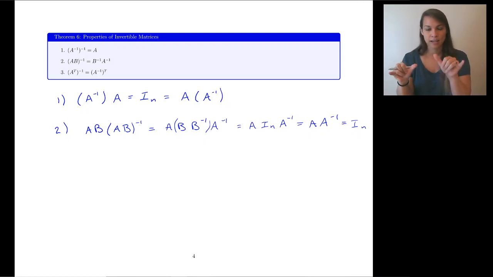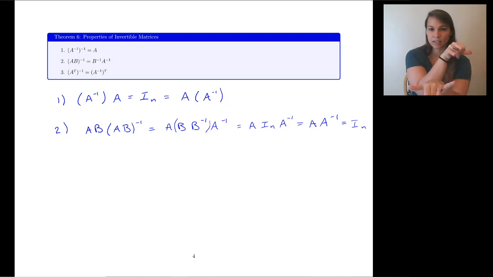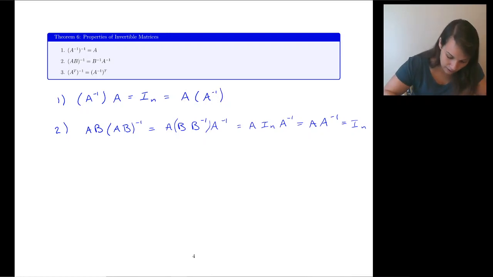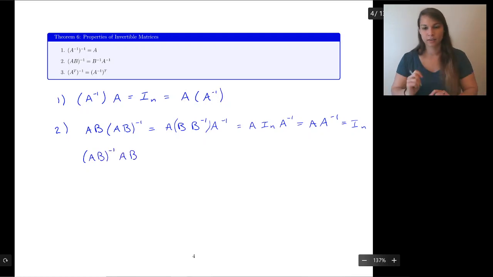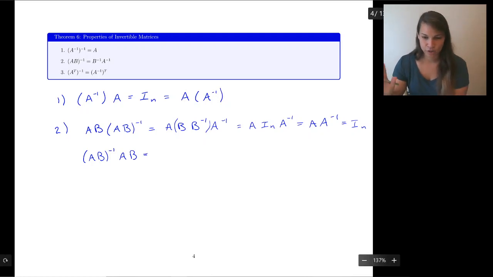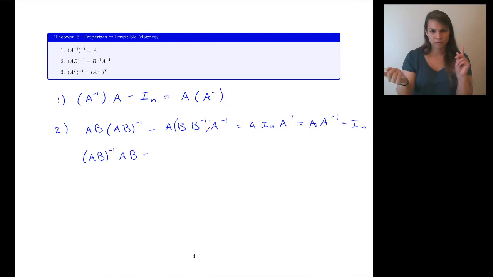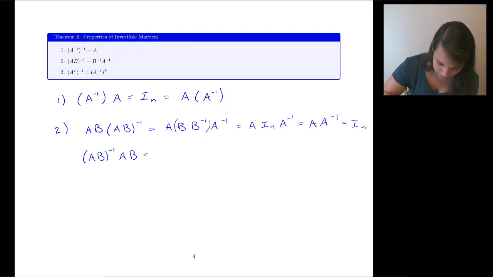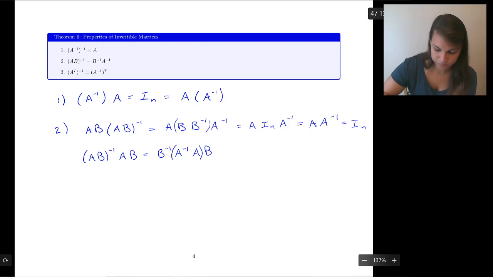We have to make sure that AB's inverse also works when we multiply it on the other side of AB, like this. So there we go. Its inverse is on the left side of AB now. So let's check. If we distribute the inverse and flip, does that work? So B inverse, A inverse, A, B. Now our A's are grouped up.